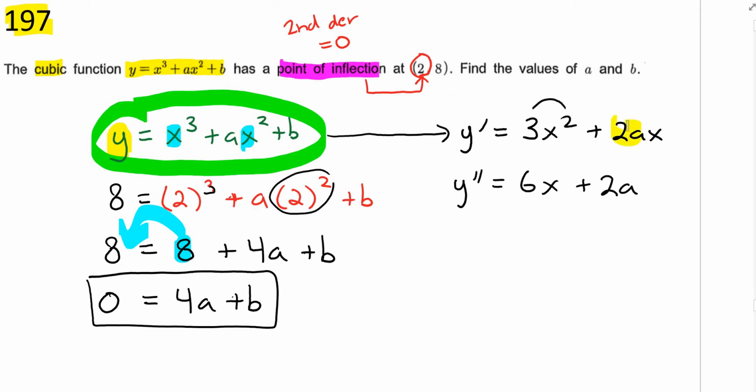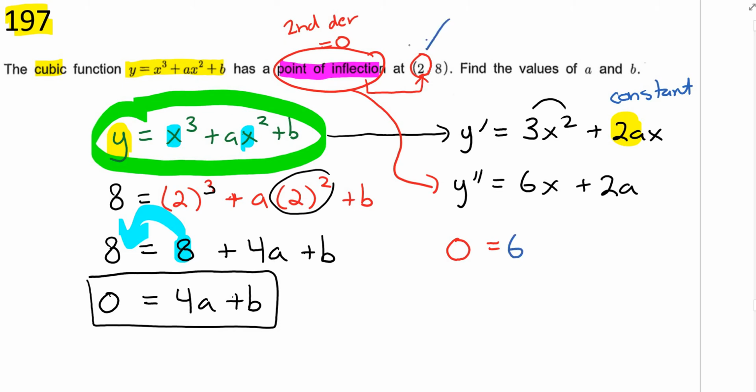Now remember, this 2a right here, that's just a constant. So a constant times the variable x, if I take the derivative, is just a constant, which will be 2a. Okay, so if I'm given the point of inflection, that means the second derivative is equal to 0. And the x value where that happens is at the point 2.